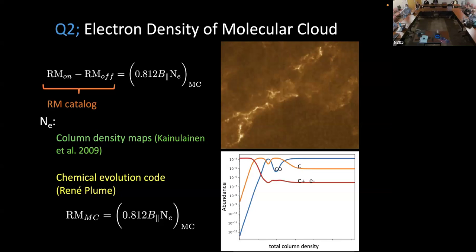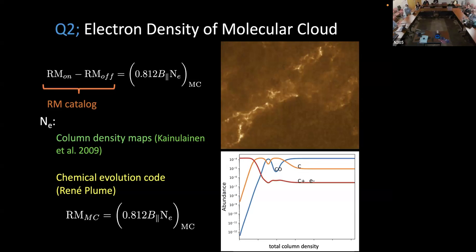Then to find the electron volume density and the path length, what I do is assume that roughly the average line of sight magnetic field is constant, which is a reasonable assumption given all the assumptions and the techniques that are already available. And we take it out of the integral, and what we are left with is electron column density. So to find electron column density, we use extinction maps or column density maps.